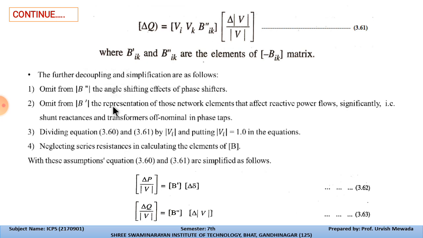First, omit from b double dash the angle shifting effect of the phase shifters. This will provide a better solution of the computation.